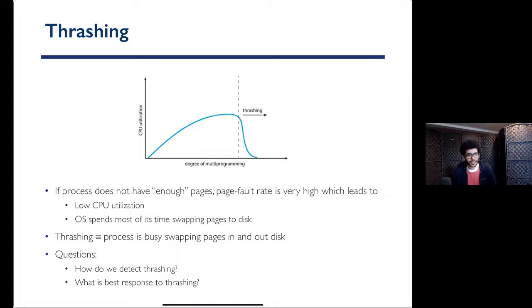What is happening is basically thrashing. Each one of these applications that you open needs some number of physical pages to run. As you open more and more applications, or you can even think about multi-threading or multi-programming, as you increase the number of programs in your system, your CPU utilization goes up, obviously, because you have more work to do, right?